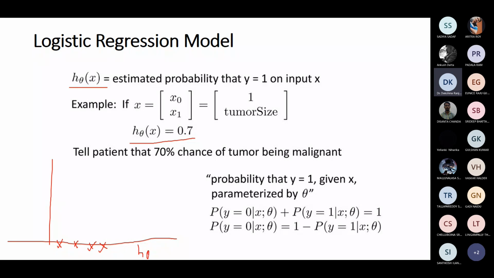This is our x axis, and in the y axis we represent h theta x, and the value of this h theta x is between 0 and 1. Okay, and we are considering a threshold of 0.5. We are considering a threshold of 0.5, and we have other examples.